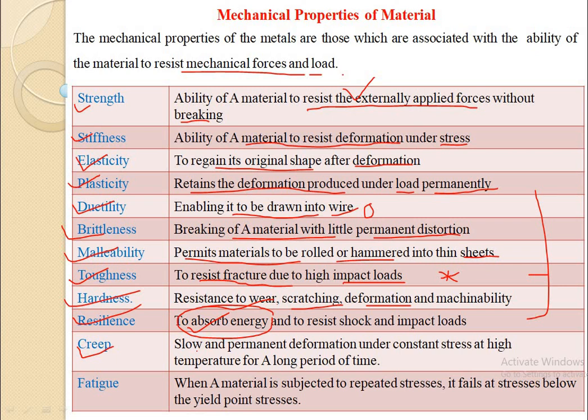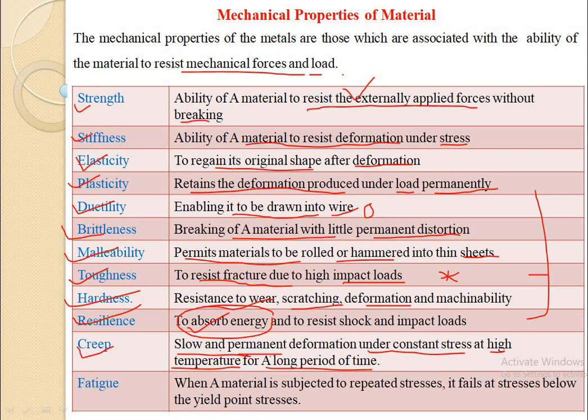Again, slow and permanent deformation, meaning a change in size and shape. Slow and permanent deformation under constant stress at high temperature for a long period of time. Those are the necessary conditions.